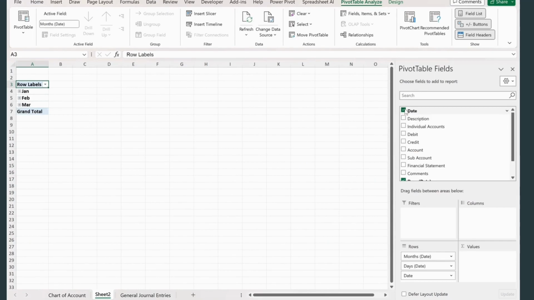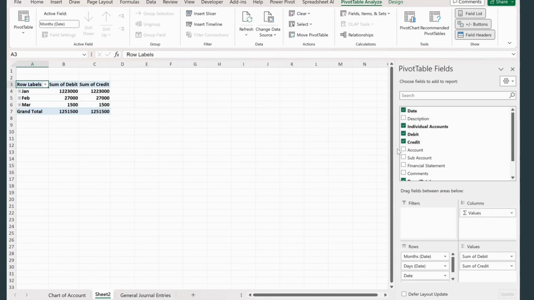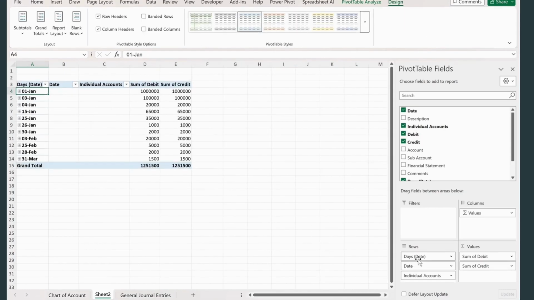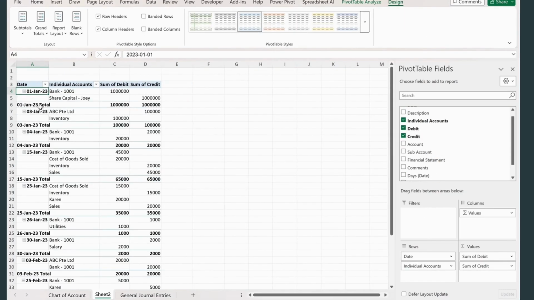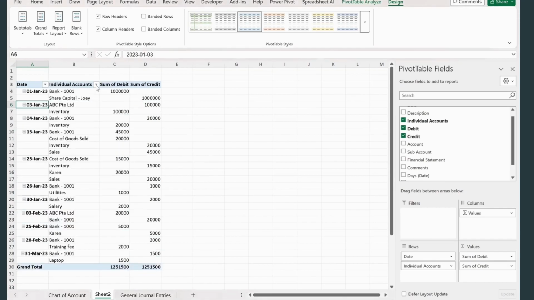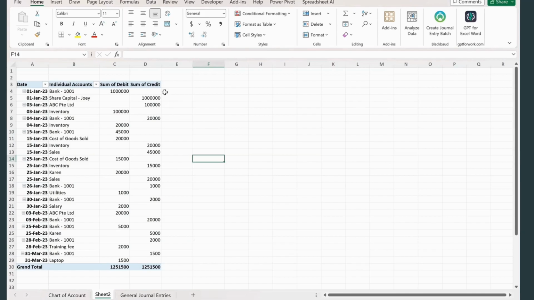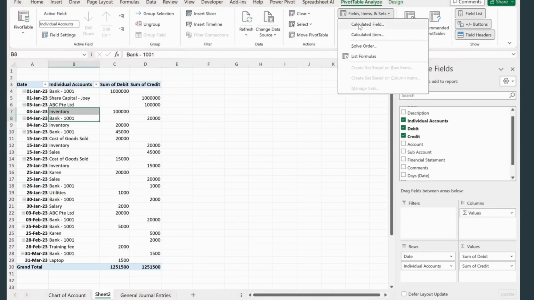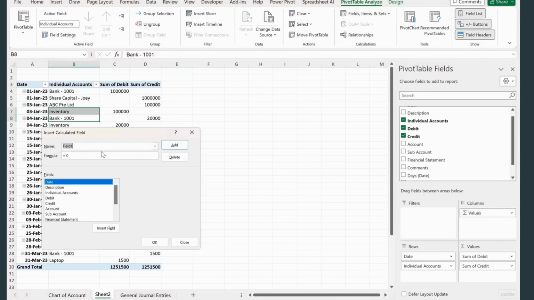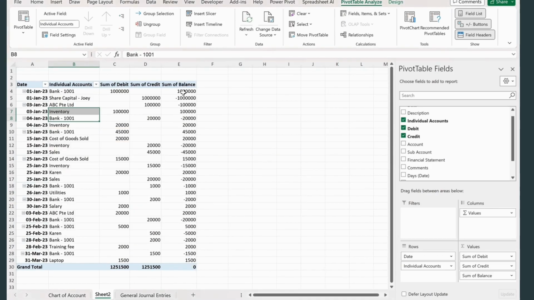Here we create pivot table. Select date and our individual accounts. Here we use debit minus credit.